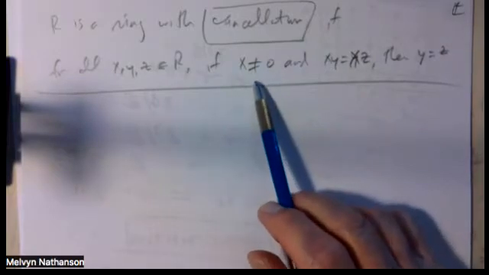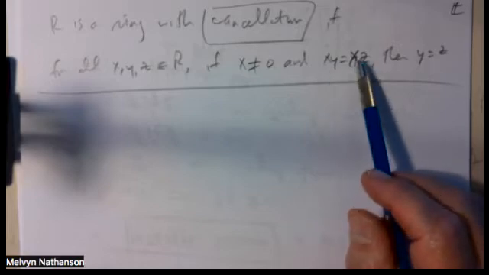So you need this condition, x different from 0, because if x is 0, 0 times any element of the ring is 0. So 0 times y is 0, 0 times z is 0. And y doesn't have to equal z. But if x is different from 0, then if xy equals xz, if the ring has cancellation, then you can cancel the x and you get y equals z.